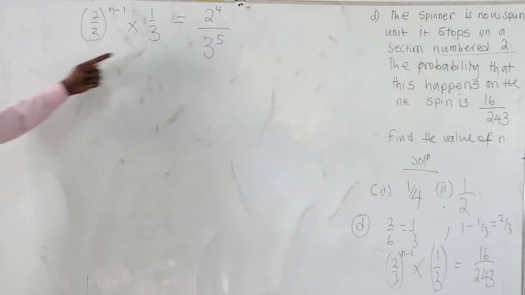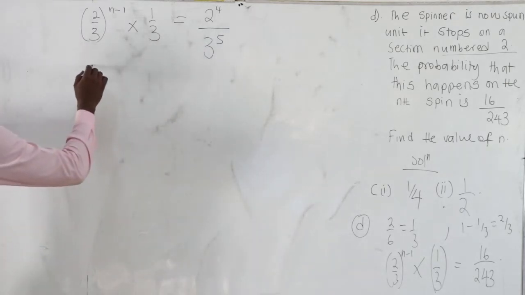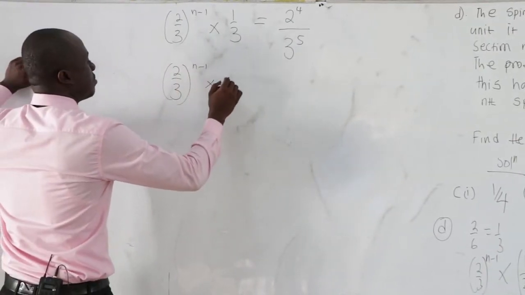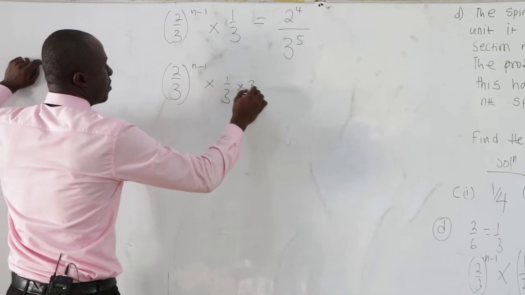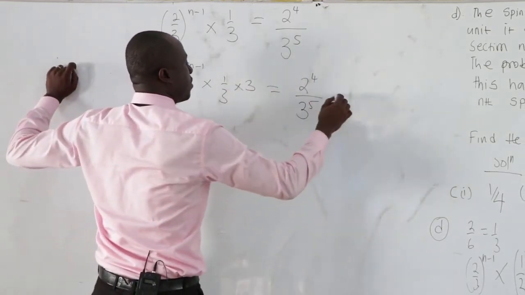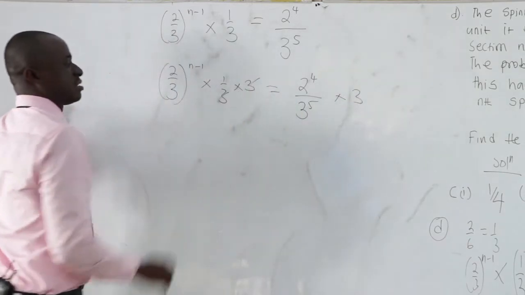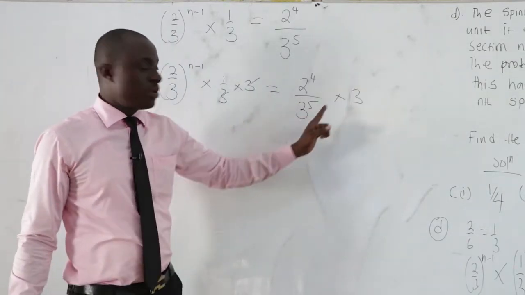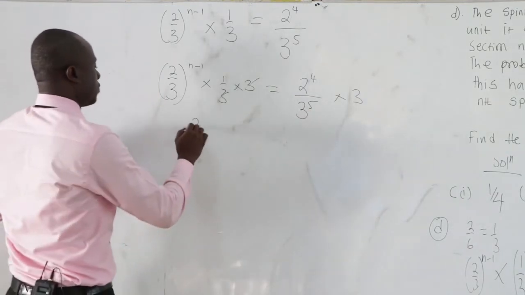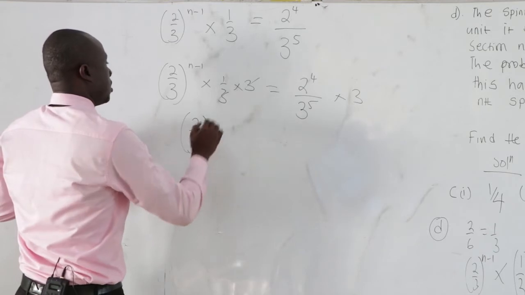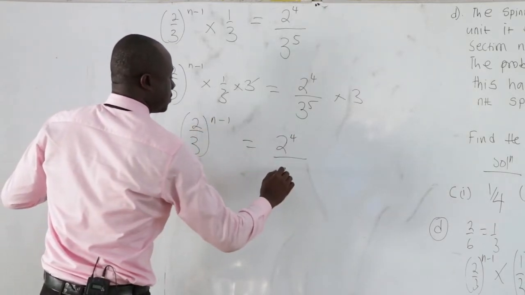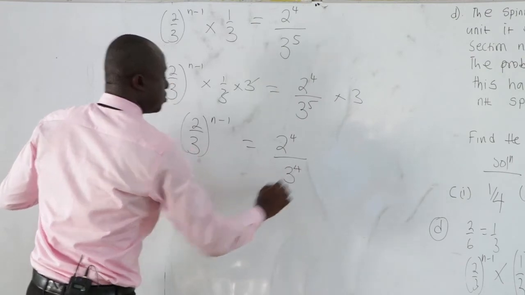Now we can multiply through by 3, so we have 2 over 3 to the power n minus 1 times 1 over 3 times 3 equal to 2 to the power 4 over 3 to the power 5 times 3. The 3s cancel, and from indices, 3 to the power 5 times 3 over 3 reduces to 3 to the power 4. So we have 2 over 3 to the power n minus 1 equal to 2 to the power 4 over 3 to the power 4.